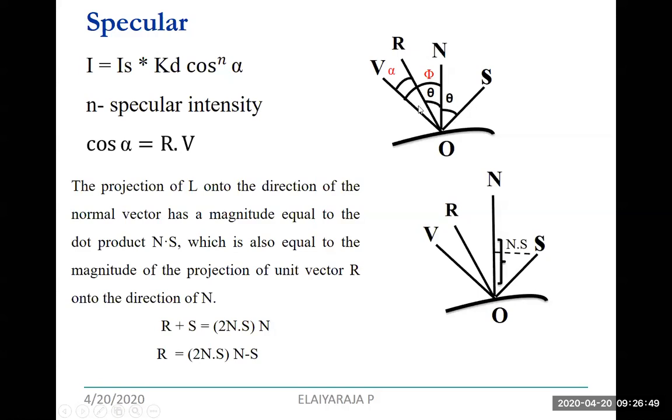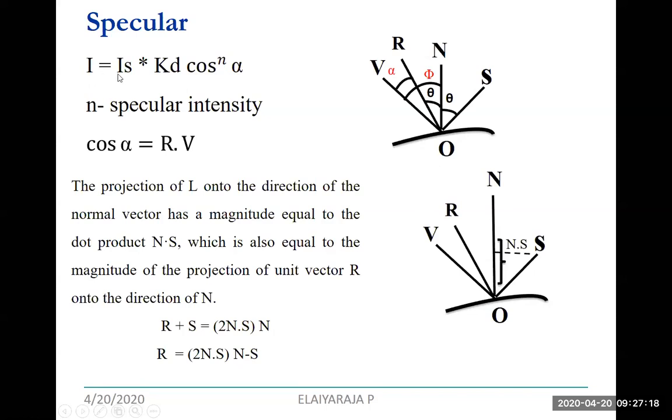So theta. Next, from the viewer point to the normal vector, you are going to calculate the angle between the reflection vector and the viewer vector as alpha.